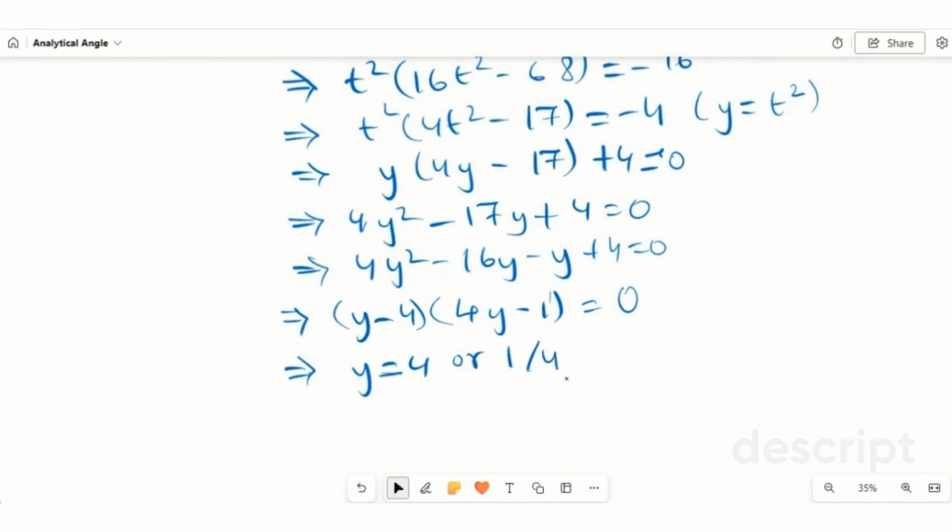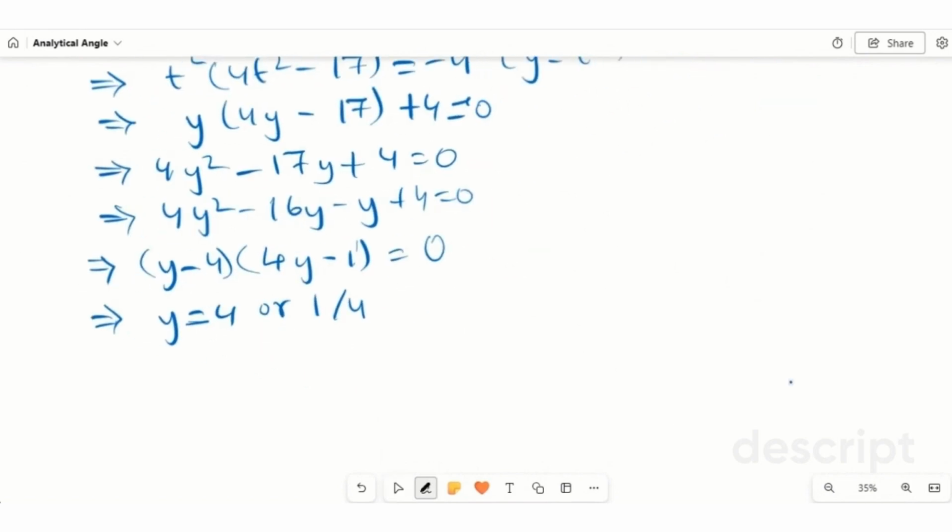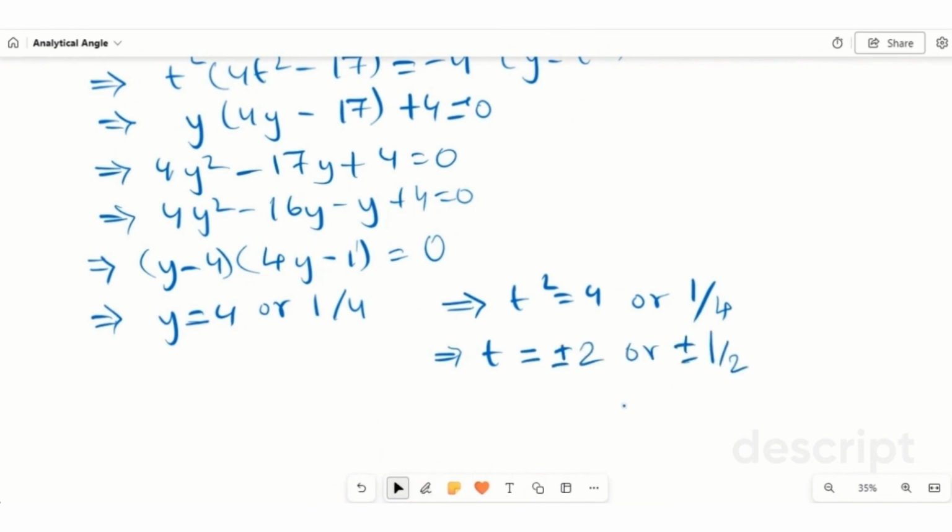So since y is equal to t square, we can write it as t square is equal to 4 or 1 by 4. And taking square root on both sides, we get t is equal to plus minus 2 or plus minus half. And since t is equal to log x base 5, we can write it as log x base 5 is equal to plus minus 2 or plus minus half.